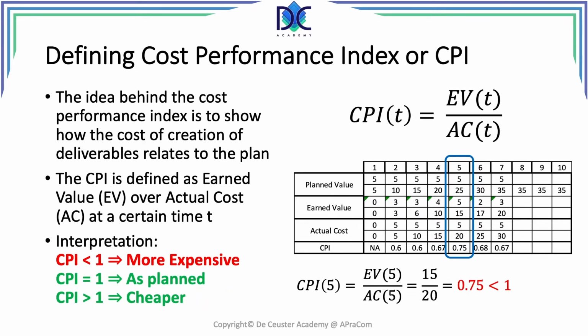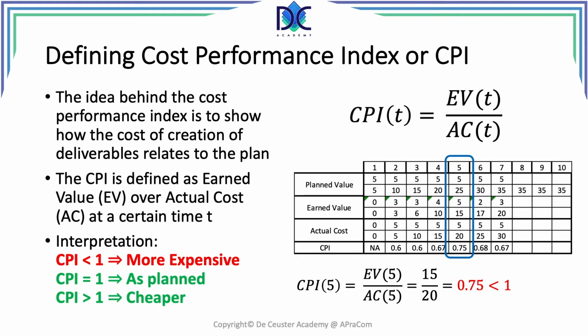Now let's have a look at the Cost Performance Index. Here we have to see how we are creating deliverables and how much we are paying for these deliverables. We can define the CPI as earned value over actual cost at a certain time. When a CPI is smaller than 1, it means that we are more expensive.